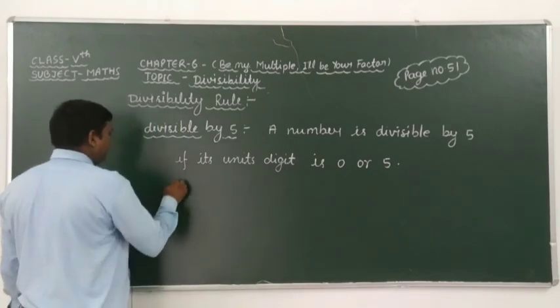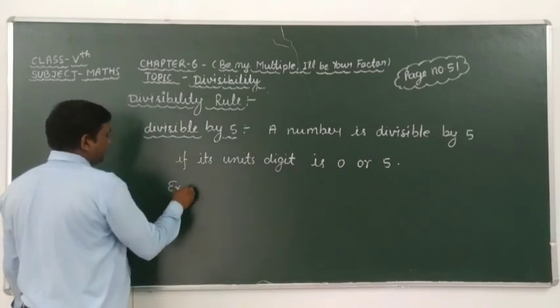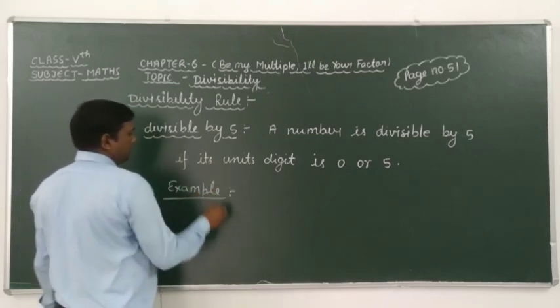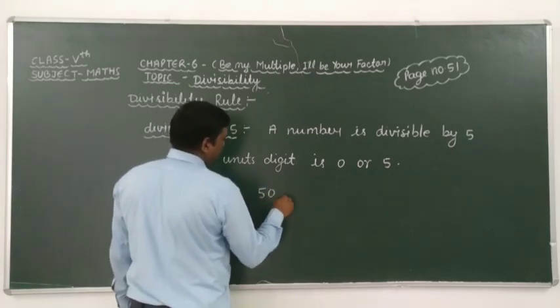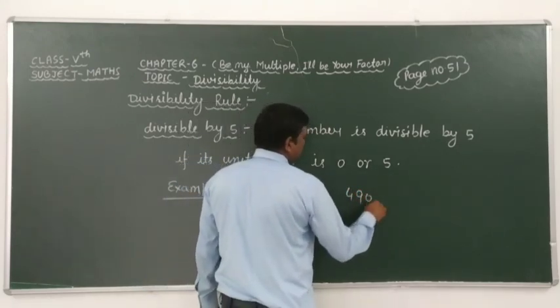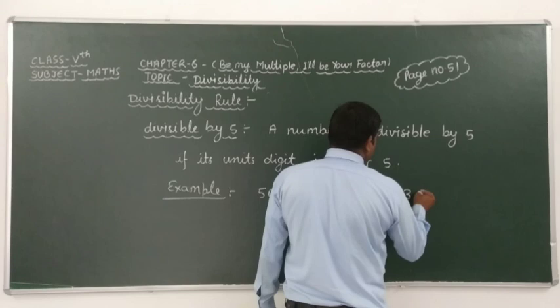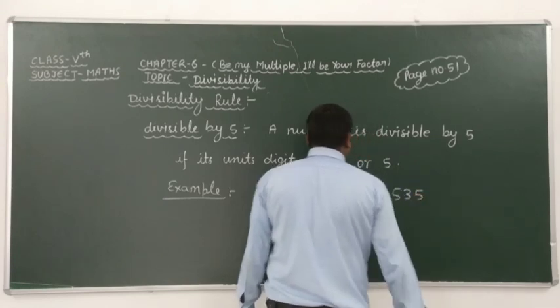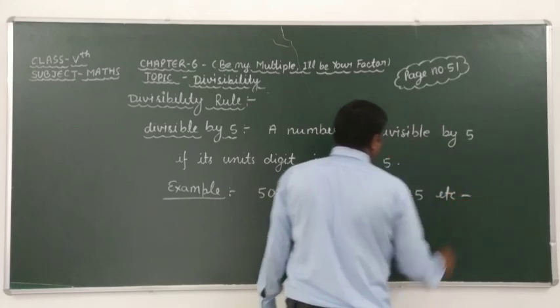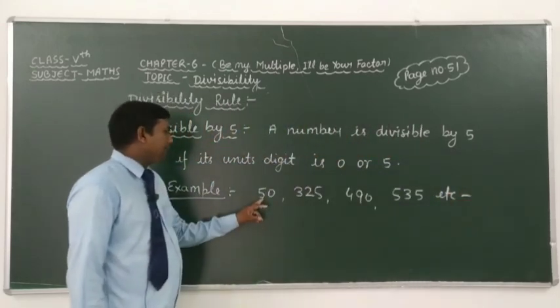Look here carefully. Now let us take examples such as 50, 325, 490, 539, 535, etc. Let's look here carefully.